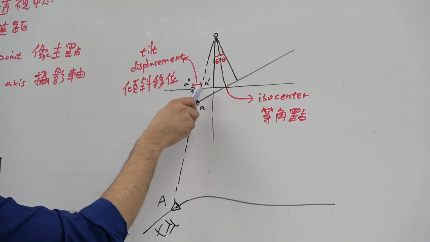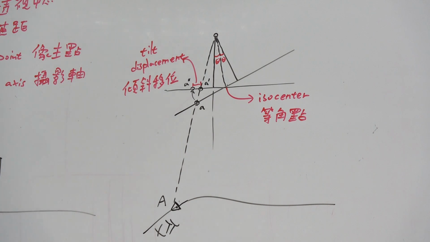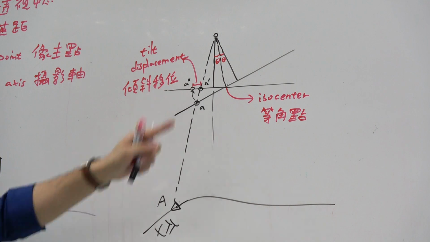The a double prime and a prime have a distance, and that distance is called tilt displacement. In Chinese, it's called 倾斜移位.